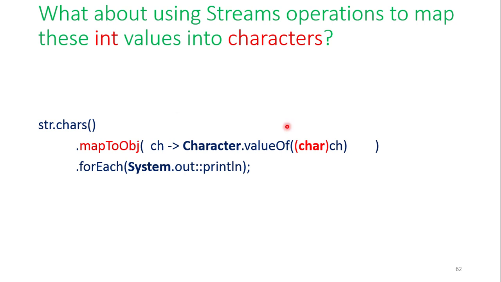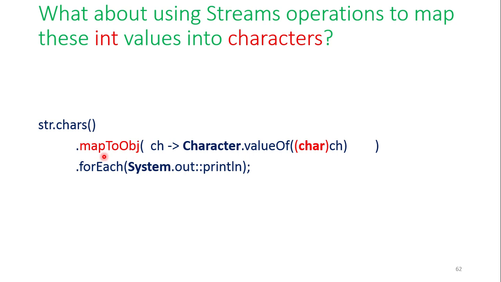The result is that the lambda returns the reference to that newly built Character object. So we went from an int to a Character object. We went from an IntStream as input to the mapToObj method, and the output of it is a Stream of Character, so a regular stream of reference data types, right?